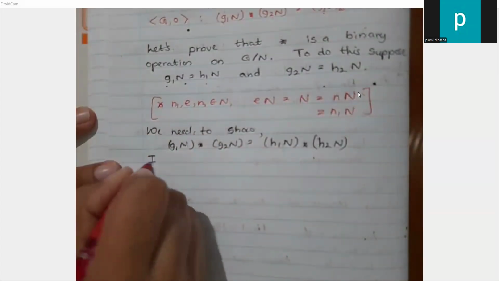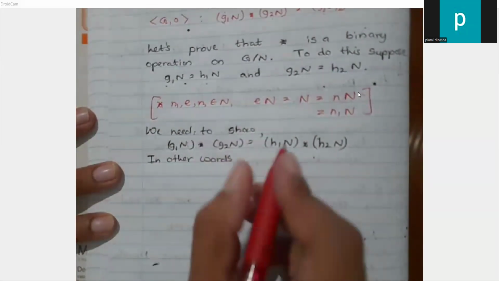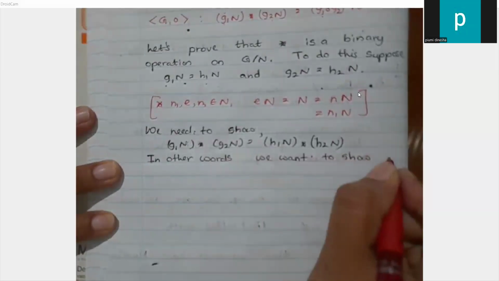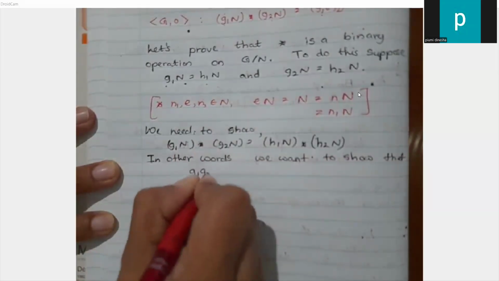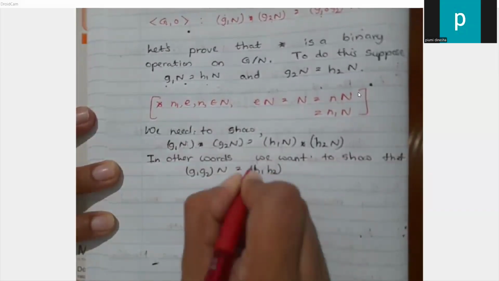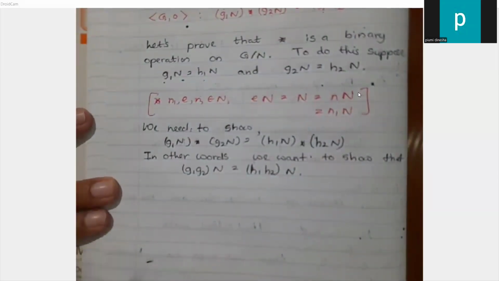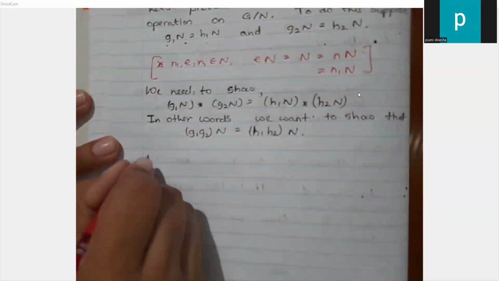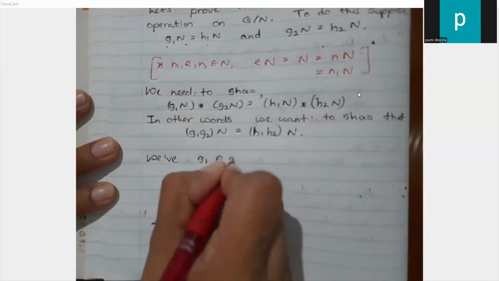In other words, we need to show that g1N star g2N is simply g1g2N. We want to show that this is equal to h1h2N, right? Okay. Now we have g1 to be an element in g1N.